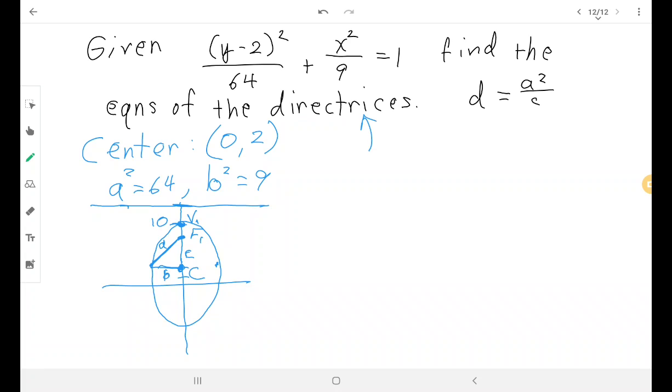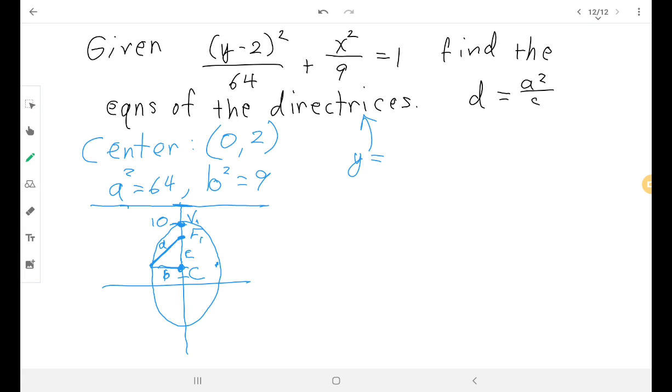Note that these are going to be y equals lines now because we're tall instead of wide. So if you're tall and moving in the y direction, your directrices are going to be y equals because they're going to be horizontal. That is, they only move in the x direction. The y stays static. So you only need to give me the y value for it.